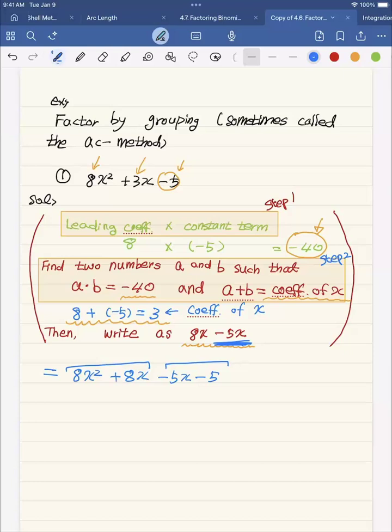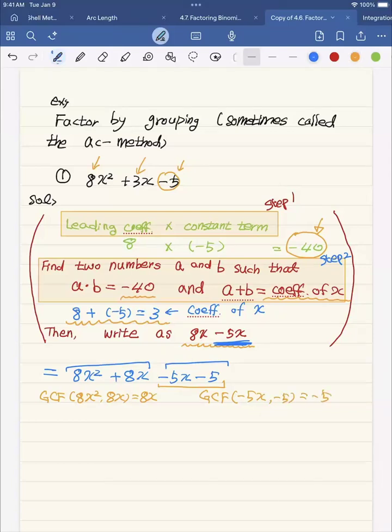In the first two terms, the common factor, the GCF of 8x squared and 8x is 8x. In the second part, the GCF of negative 5x and negative 5 will be negative 5.